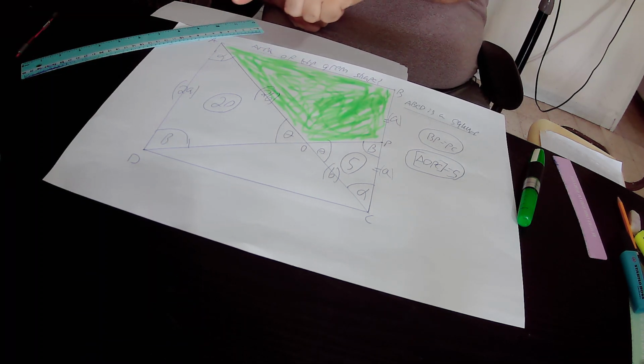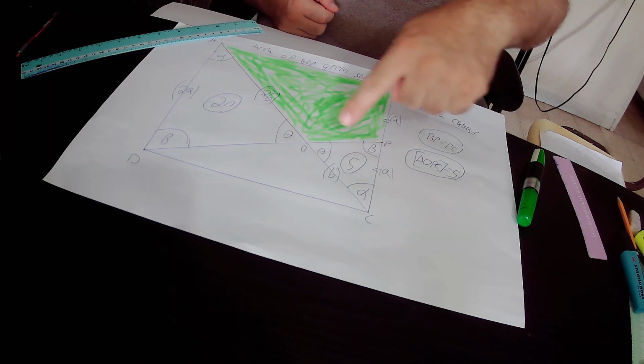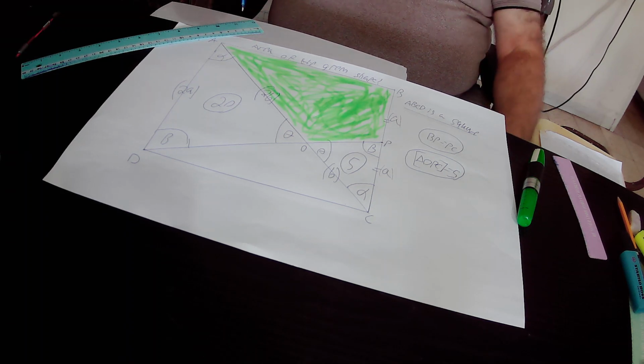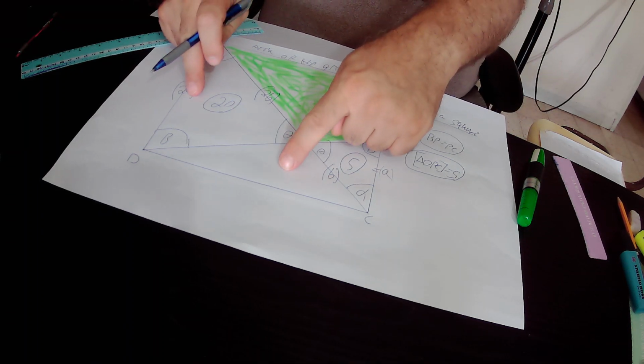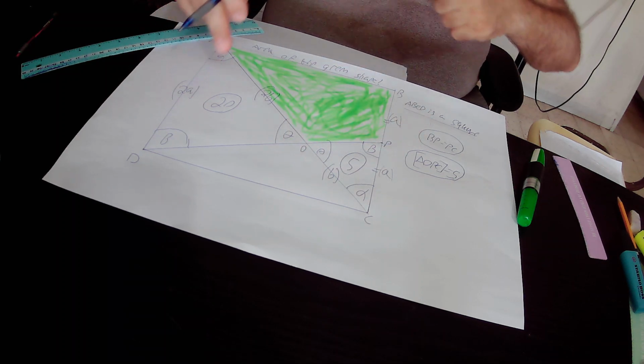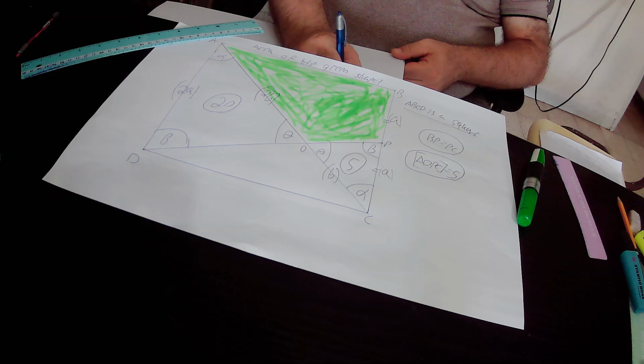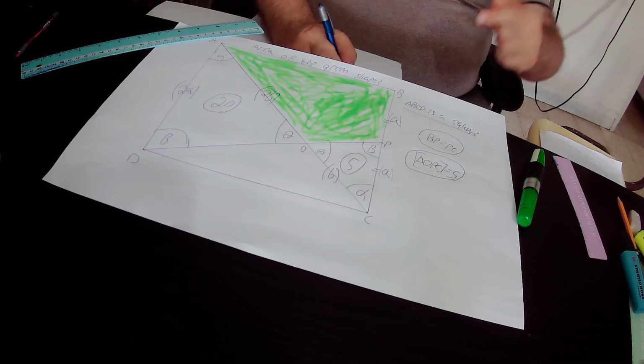The base of triangle ADO is AO, and the base of triangle DOC is OC. So in total, we found out that the ratio between the areas of those two small triangles is the area of triangle ADO over the area of triangle DOC.